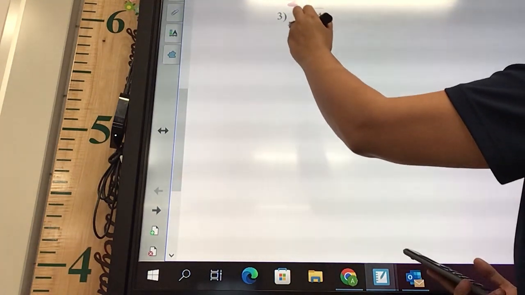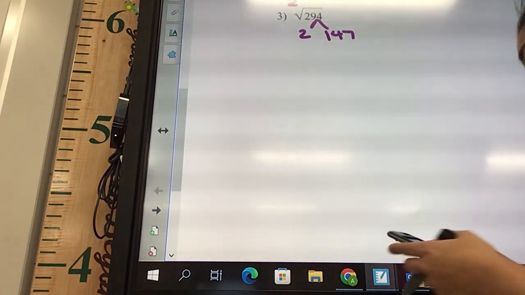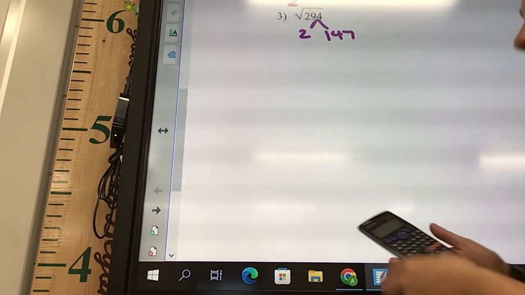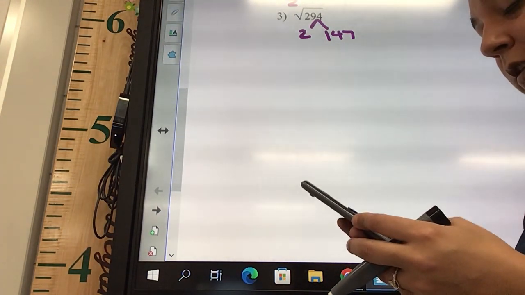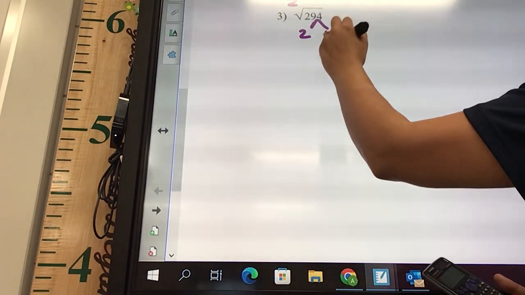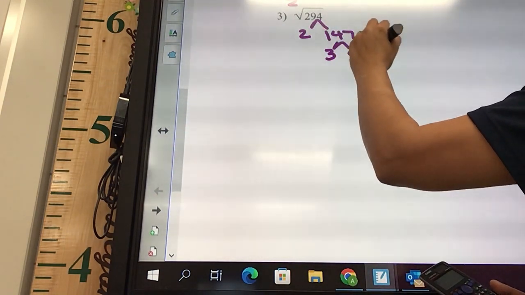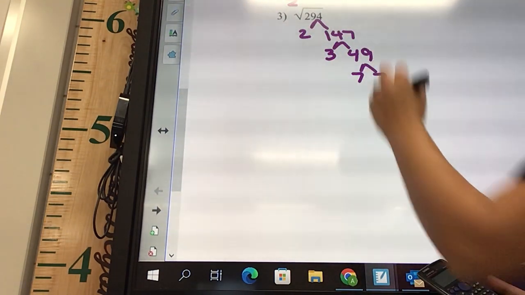That does work. 2 and 147. 147 over 2 does not work, so it should be a whole number. We're going to try 3, and 147 divided by 3 is 3 and 49. And I know 49 is 7 and 7.